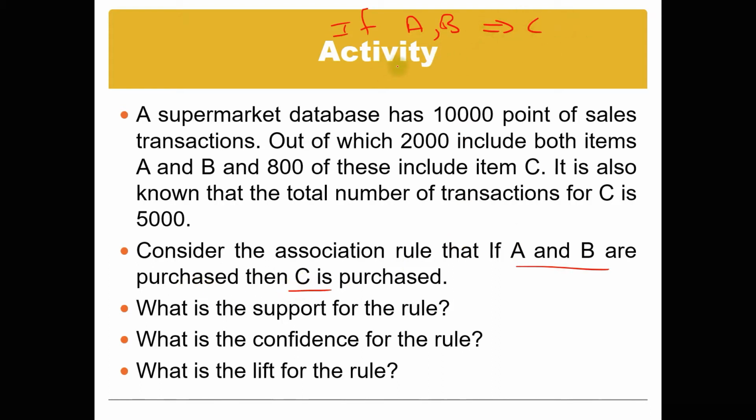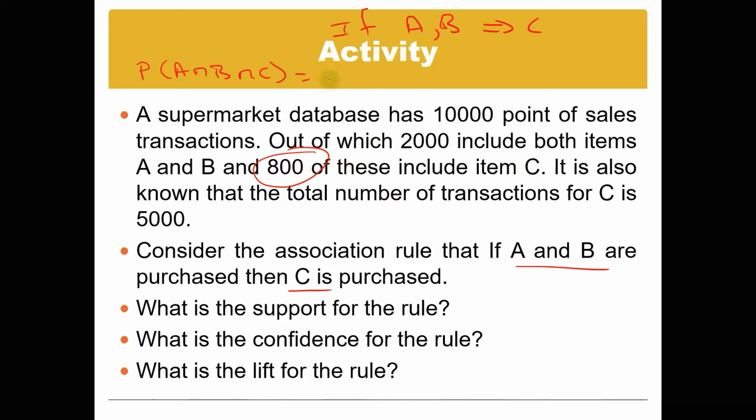Now, we are asked what is the support? The support, as we have understood, is the probability of the antecedent and the consequent. So it's the probability of A intersection B intersection C, the probability of A and B and C all together. How many times do these three items occur together? 2,000 times items A and B occur together, but there are 800 times where items A, B, and C occur together.